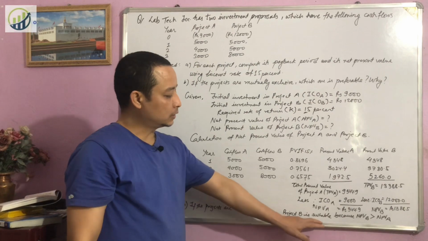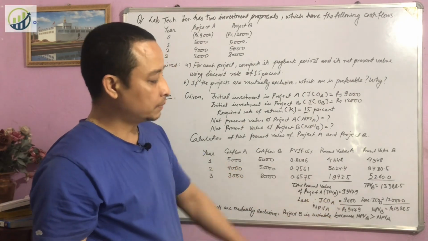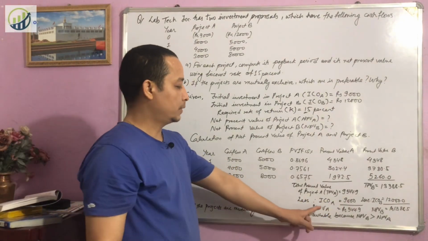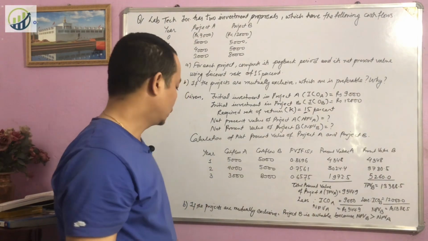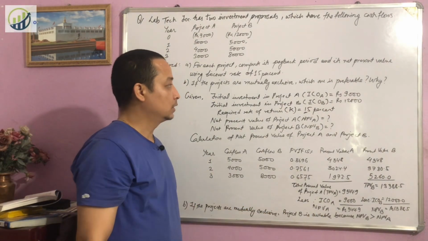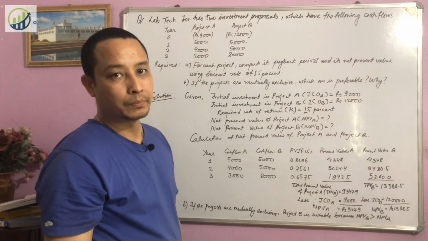So project B is suitable because the net present value of project B is greater than the net present value of project A. So you can choose project B by following the net present value method.